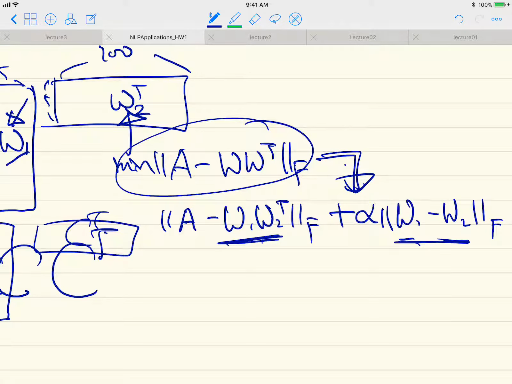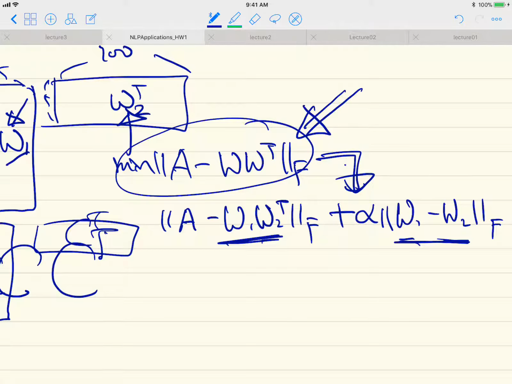Okay, so what is the gain by setting those two weights the same? I mean, that is the original one that we want to solve. So we don't want to allow this W1 and W2 to be different, right?